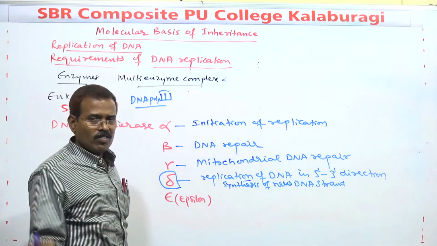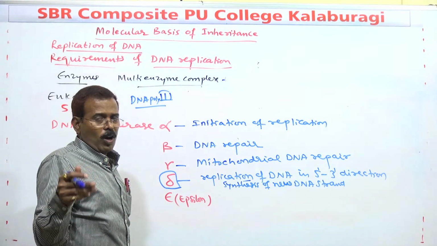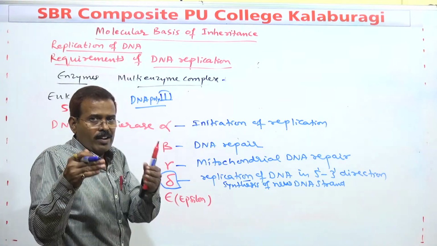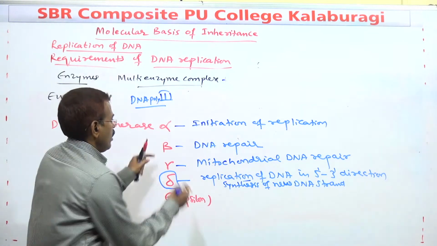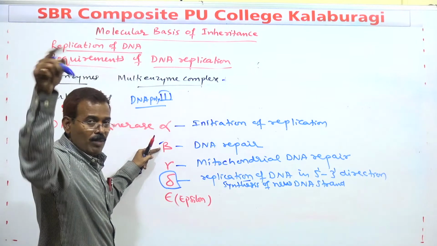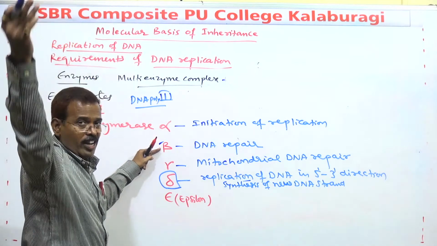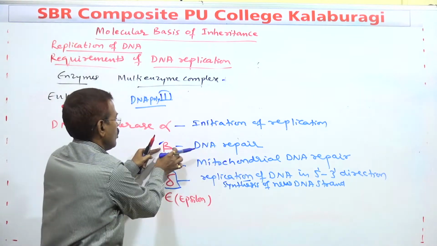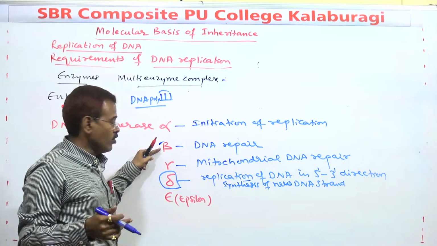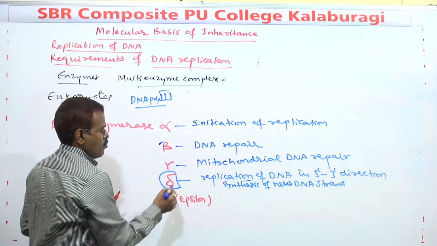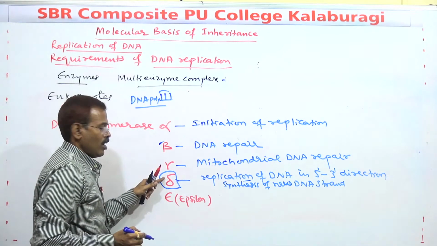DNA polymerase 1 is involved in repair of DNA in prokaryotes; here it is beta. So a very important one is DNA polymerase delta.